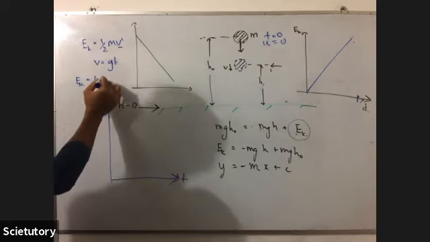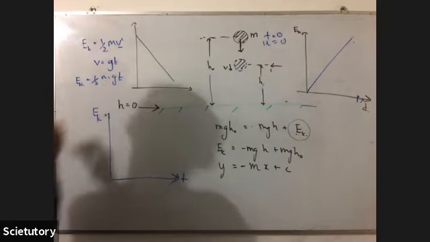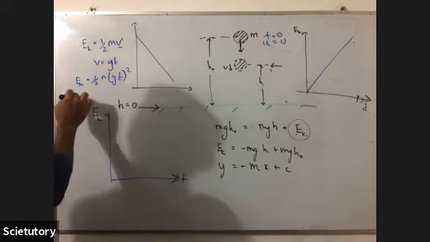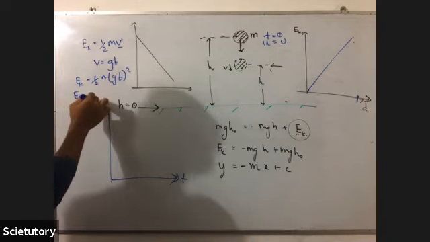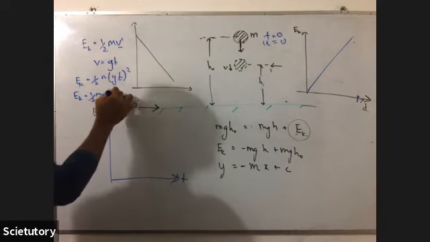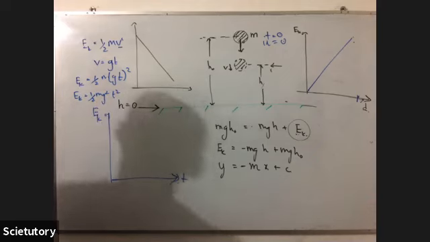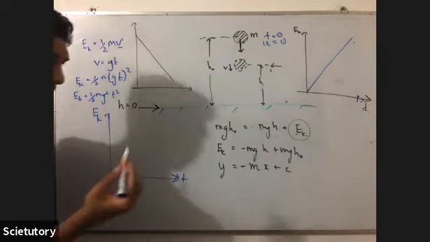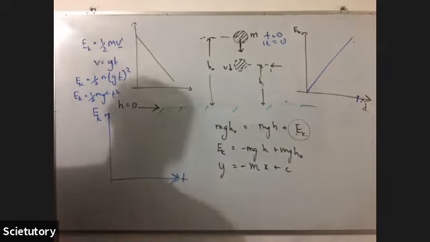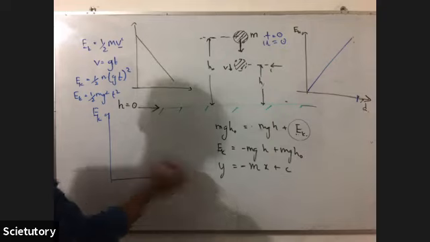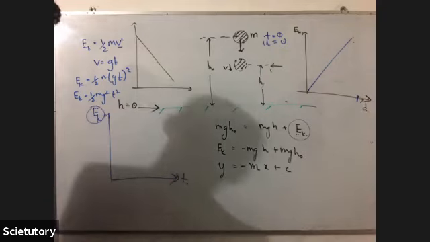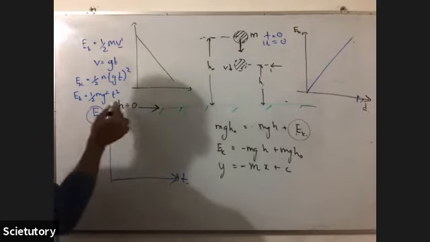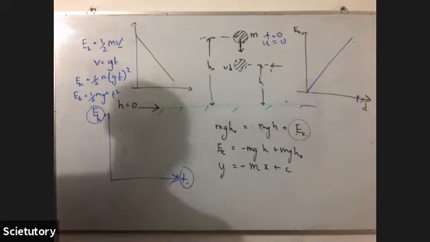So Ek is equal to half m g squared t squared. So for t squared, it's a linear graph. So your answer will be correct if the Ek graph was against t squared, but the question is for t.